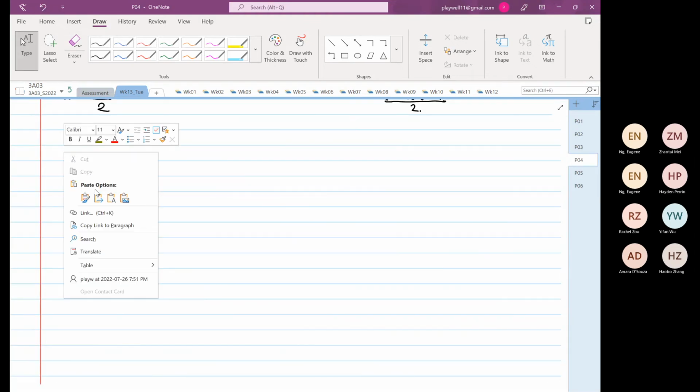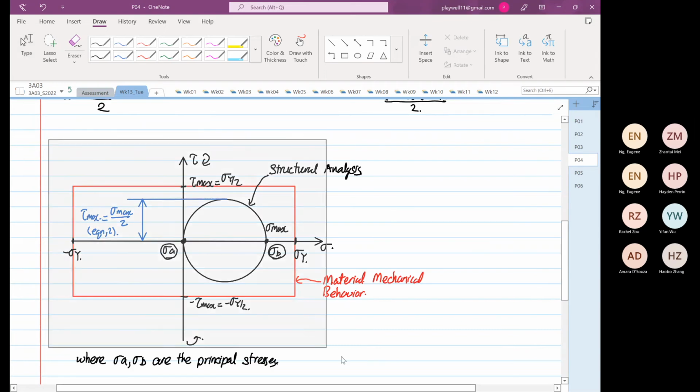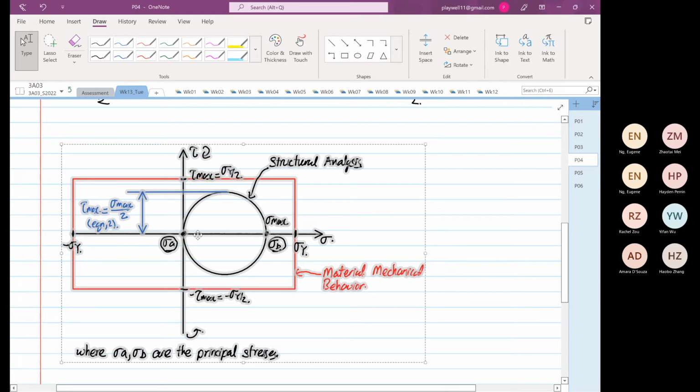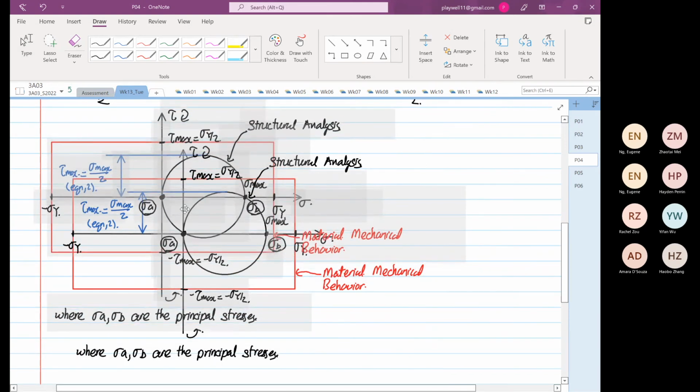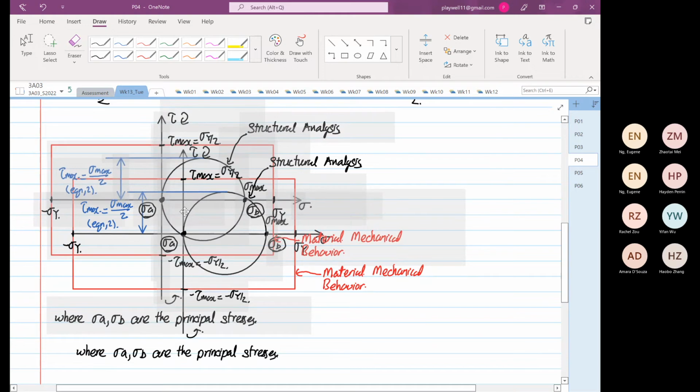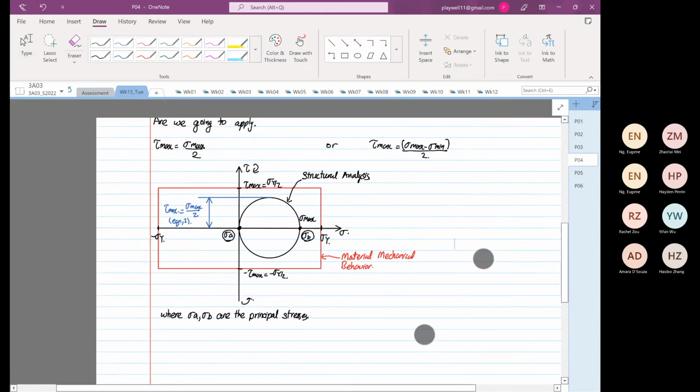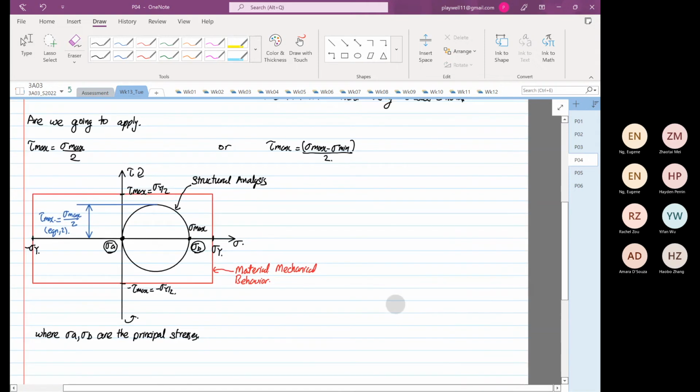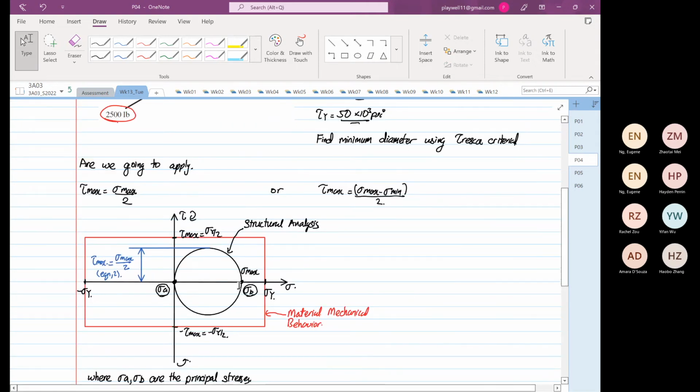When we sketch this out, we did mention that for this case, one of the principal stresses is equal to 0, for the one on the left hand side.